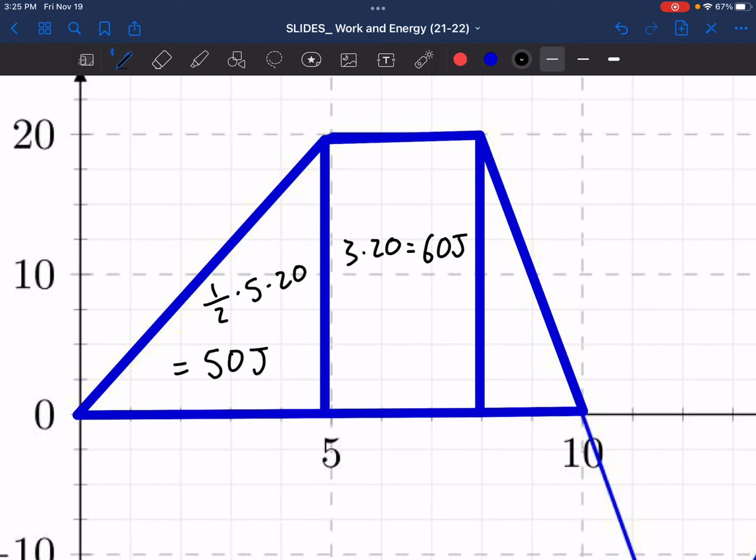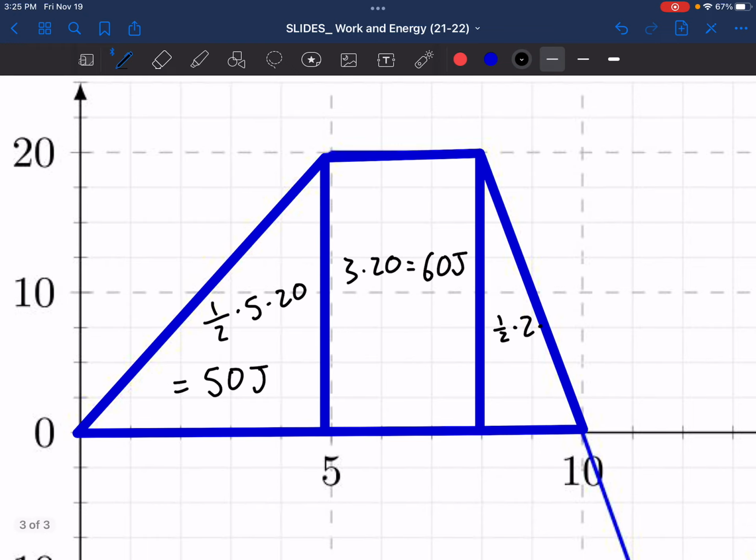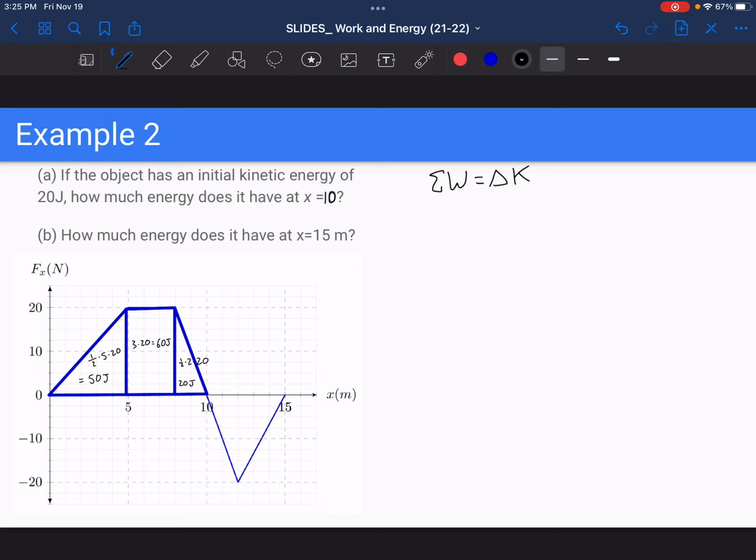And this triangle is 1/2 base, which is 2, times height, which is 20. So this is 1/2 times 2 times 20, which is 20. So the net work done over that interval is 50 plus 60 plus 20 joules.